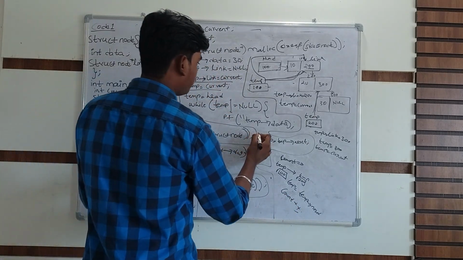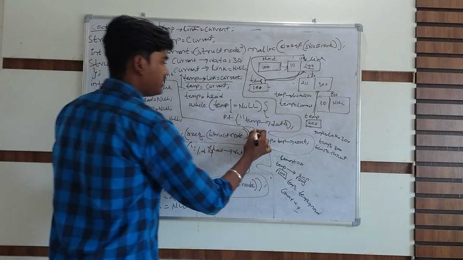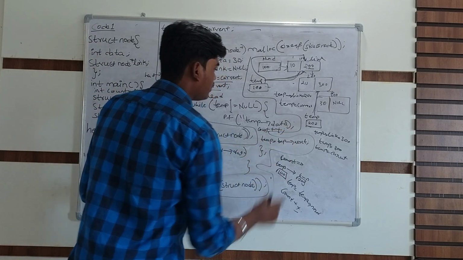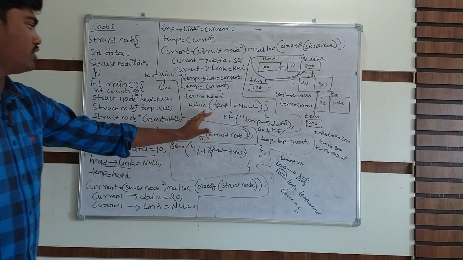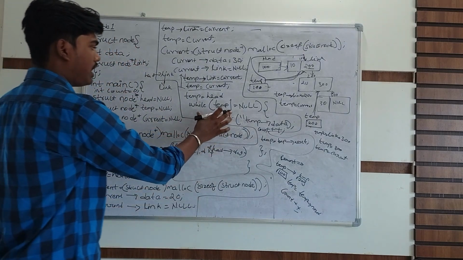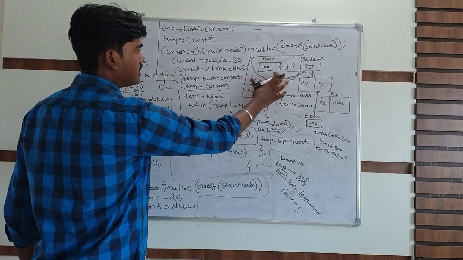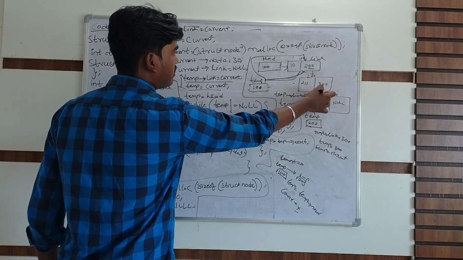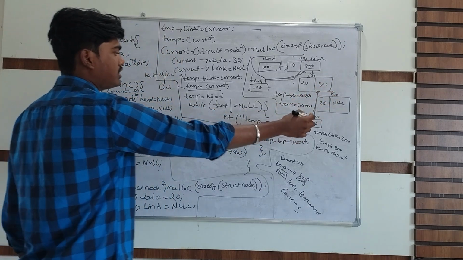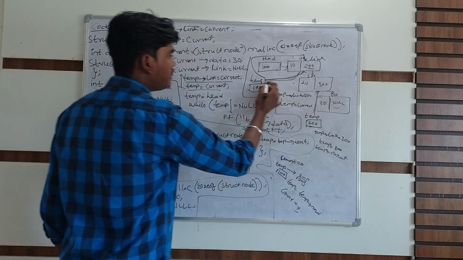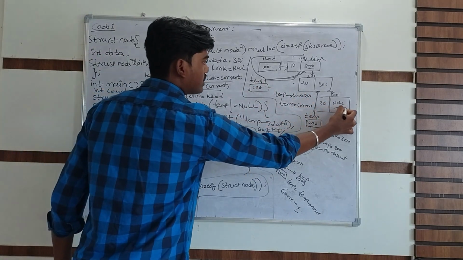So we can use the while loop and a printf statement. Here we are giving the count plus, each time, until temp gets null. That means initially temp was 100, temp link is 200, after that temp link is 300, after that temp will be replaced by 200, after that null, until temp reaches the last node.